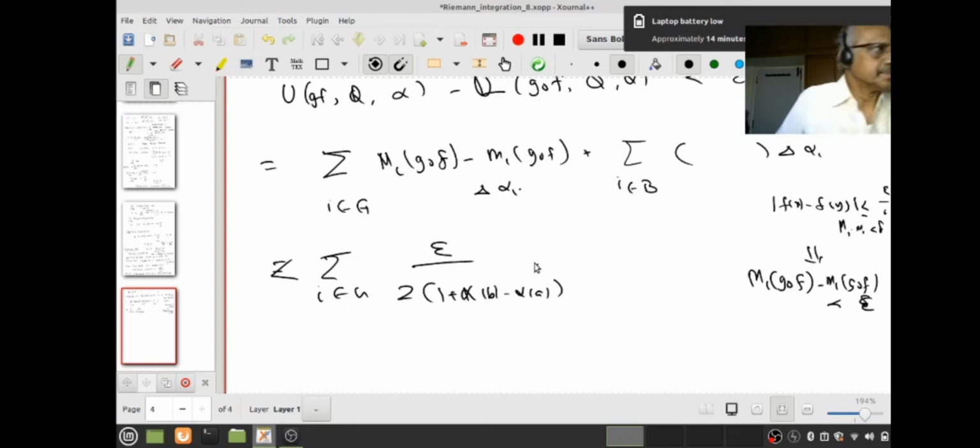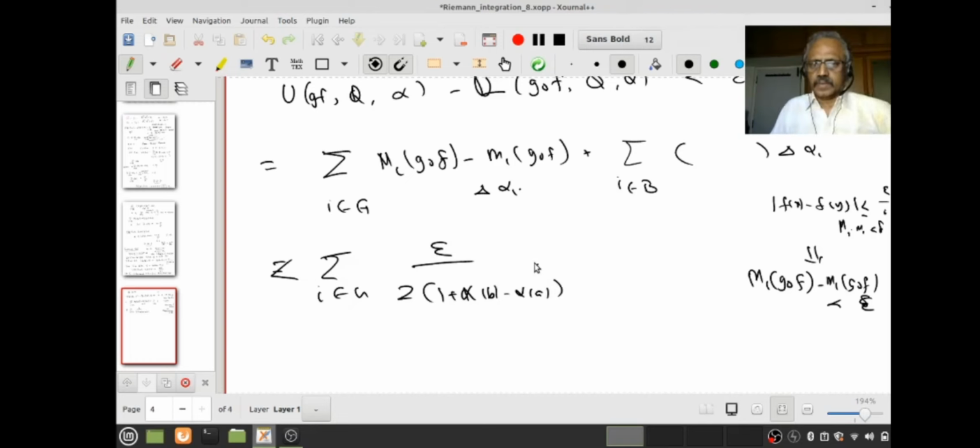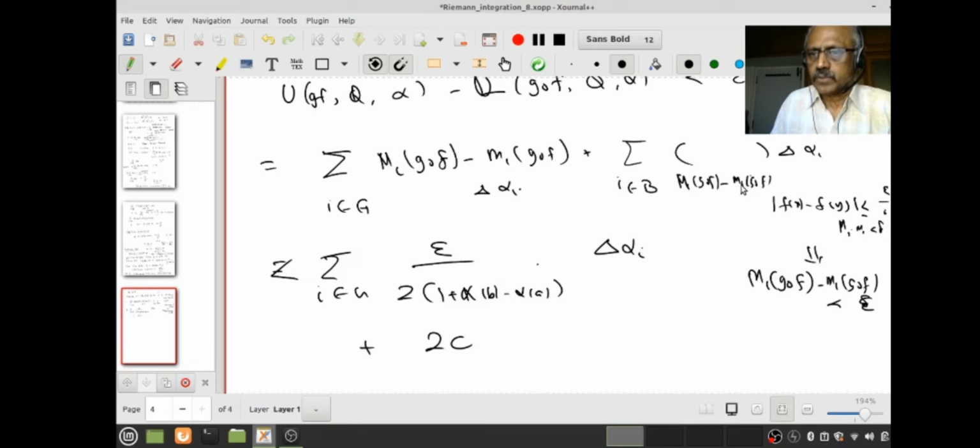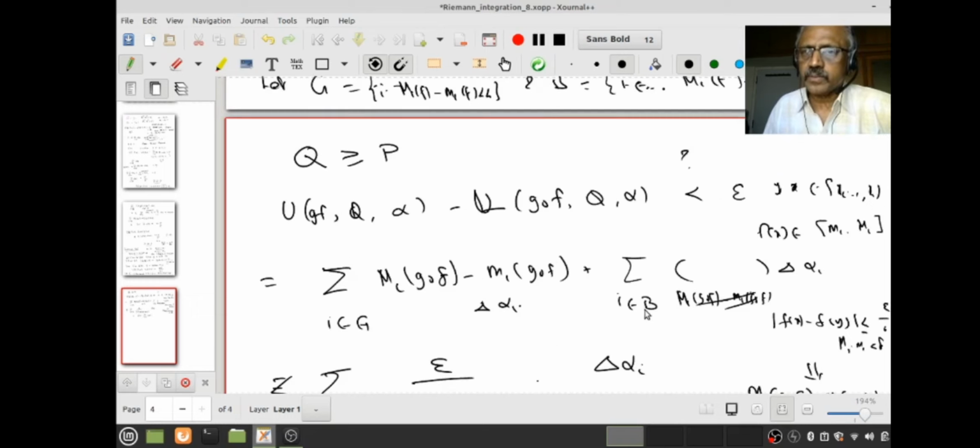into delta alpha I. This is this term. And the second term is less than 2c, because this is capital Mi of G composed F minus small mi of G composed F, so that's less than 2c times the sum of delta alpha I varying over B. But this is less than, we already know what it is less than.